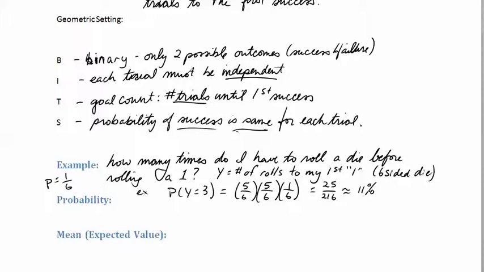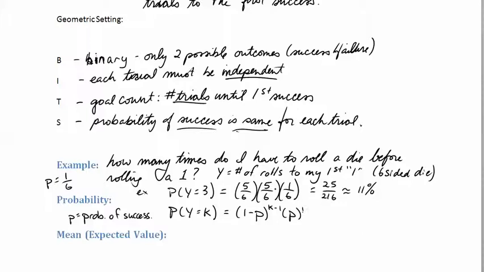So if we generalize this, the probability that y is equal to a given value of k, in other words, that it will take me k trials to get 1 success, will be equal to 1 minus p, where little p is the probability of success. So the probability that y equals k is 1 minus p to the k minus 1 times p to the 1.